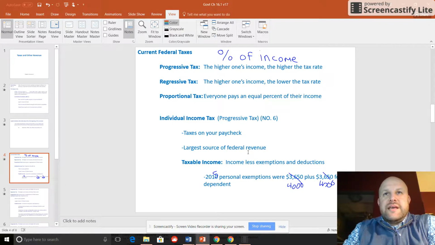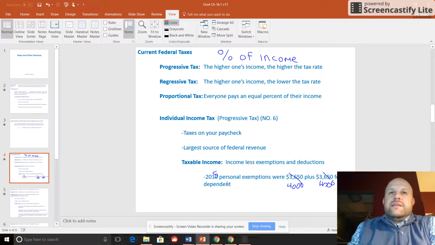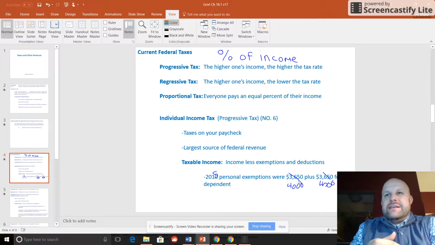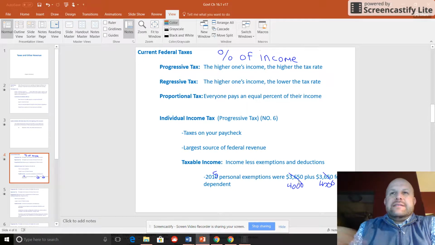Remember, individual income tax. So in 2015, for example, personal exemptions: you could declare $4,000 for yourself and $4,000 for each dependent that was not taxed, that you would get free and clear. So exempted from your income is the first $4,000 that you make.